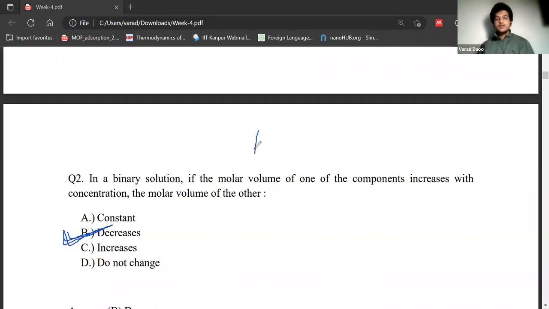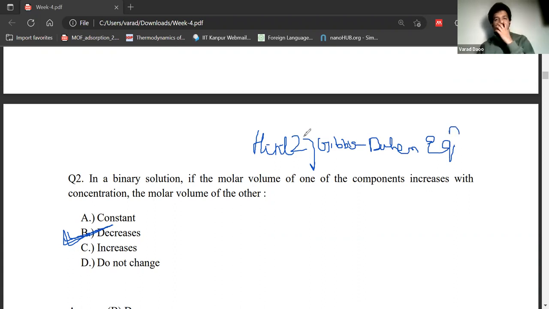I can give one more hint. How do you solve the problem? You use what is called the Gibbs-Duhem equation, right? Use Gibbs-Duhem. Try again.